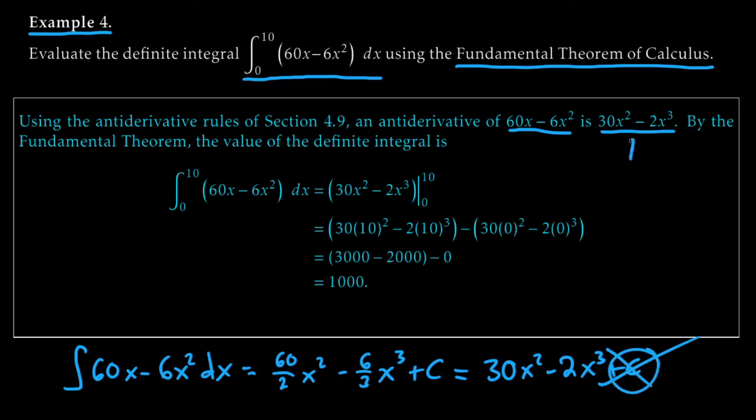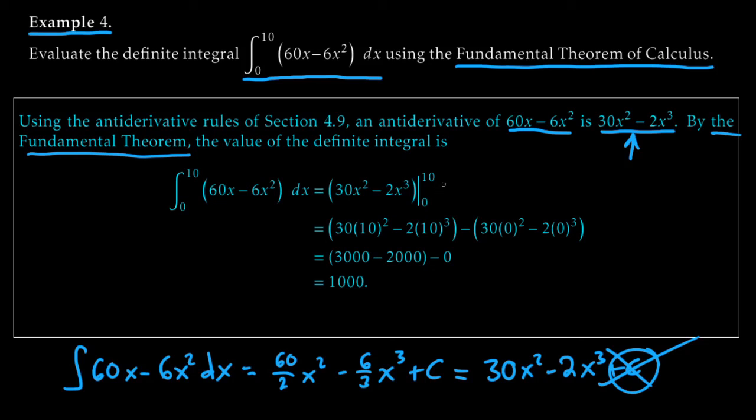And what do we got? We got an antiderivative, 30x squared minus 2x to the third. This is generally a good tip. Don't choose any value other than 0 for your constant unless you have a particularly good reason to. It'll just make you waste time. So, now that we've got an antiderivative, using the fundamental theorem of calculus, the value of the definite integral of 60x minus 6x squared dx from 0 to 10 is just given by 30x squared minus 2x to the third, an antiderivative, evaluated from 0 to 10.